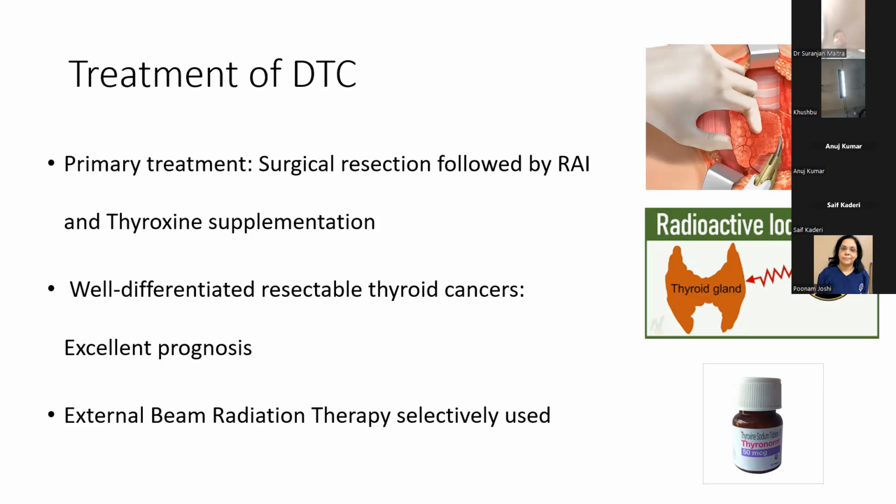And well-differentiated resectable thyroid cancers have an excellent prognosis. And external beam radiation therapy for thyroid cancers is sometimes controversial and only selectively used. So we will discuss that in detail in the following slides.